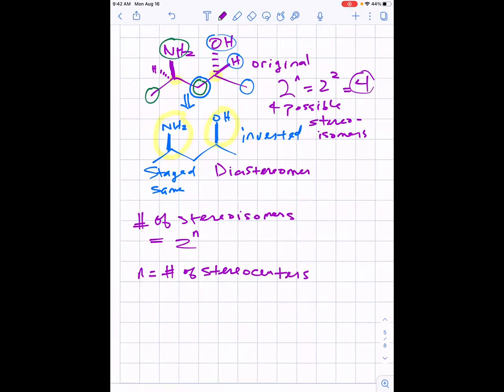Yes. Yep. All right. So look at the diastereomer that I did, the first one that I did, in blue, right? What else can I do to the top one to generate another stereoisomer? Invert the left side. Invert the NH2. Great. Man, it's going to be a good semester. I can already tell.